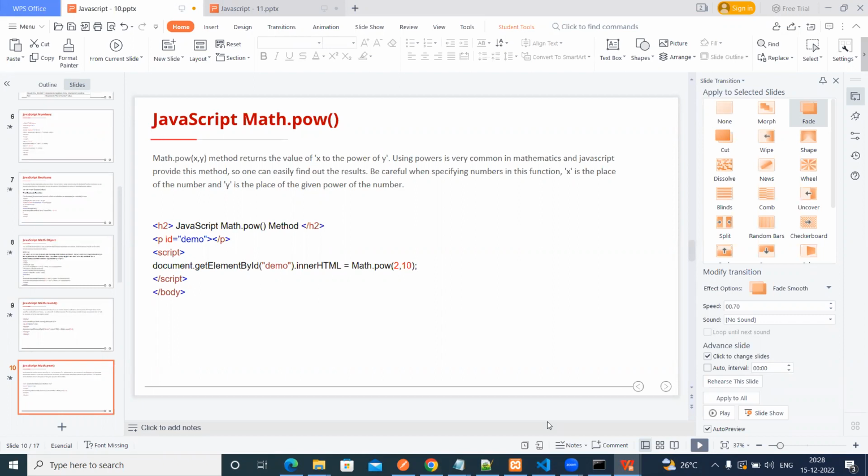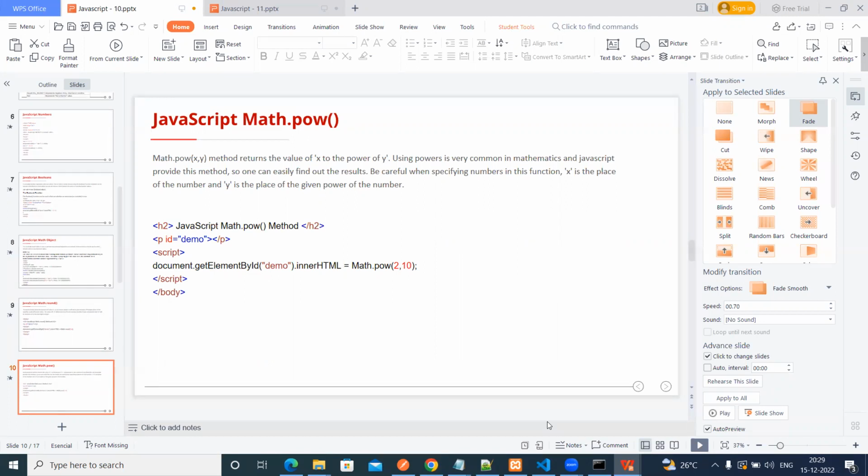If you want to find 2 power 10 or 2 power 20 or 2 power 100 like this, we will use the power method. Math.pow has two parameters inside, x comma y, right? x is the base value, y is the power value.